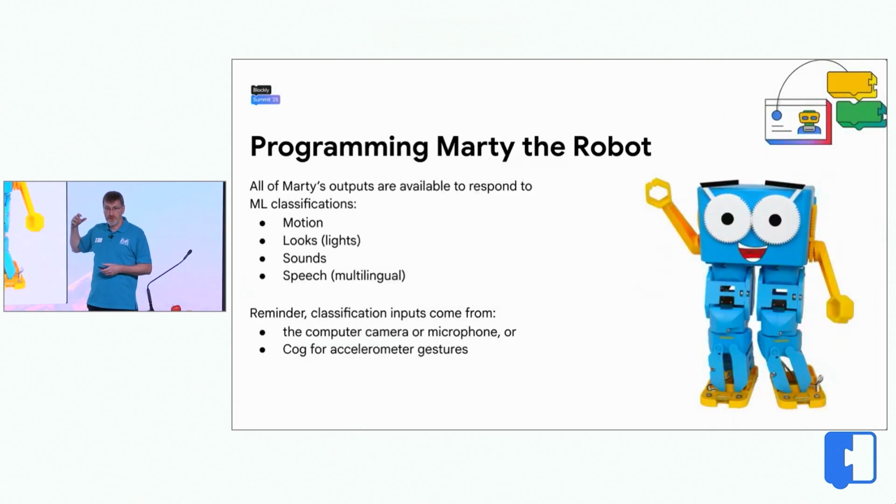And then you can pair Marty the robot, which probably most of you have seen out at the table, and we can use all of Marty's outputs to respond to various prompts that we've trained in the machine learning model. So as I mentioned, we could do a voice-activated robot and have Marty walk or wave or kick based on voice sounds.